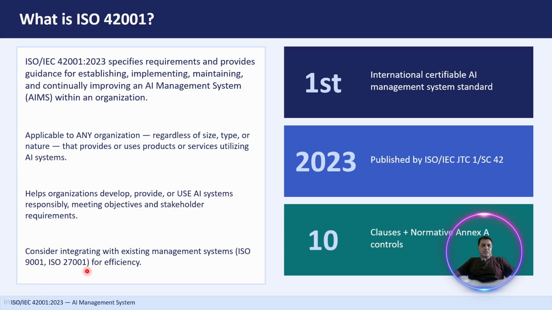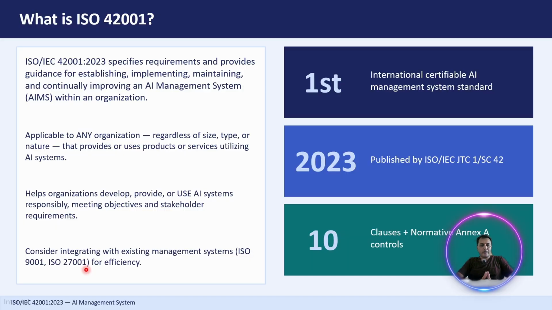We can consider integrating this management system with our other standards, right? Other standards like ISO 27001, which is the information security standard, or ISO 9001, which is the quality management standard.